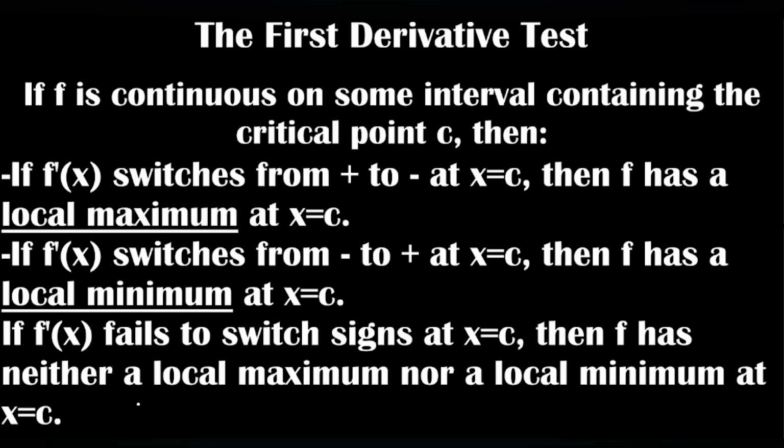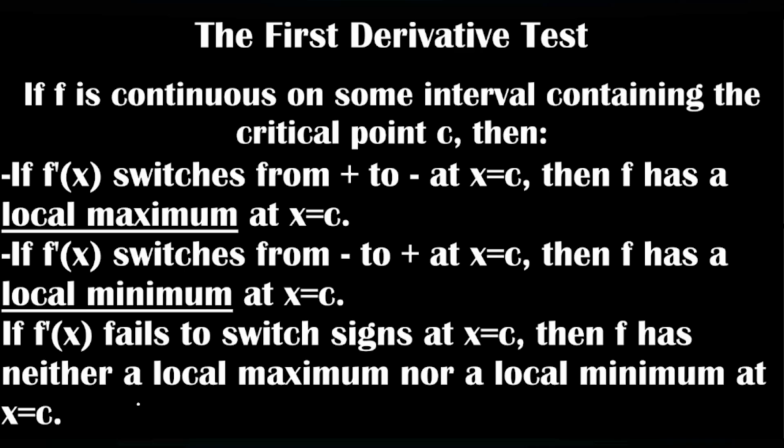So the first derivative test is a test that you can use to determine if a critical point is a local maximum or a local minimum, or if it is neither. So assuming that some function f is continuous on some interval containing this critical point c, if the function's derivative switches from positive to negative at x equals c, so if the function switches from increasing to decreasing at x equals c, then the function has a local maximum at that point.